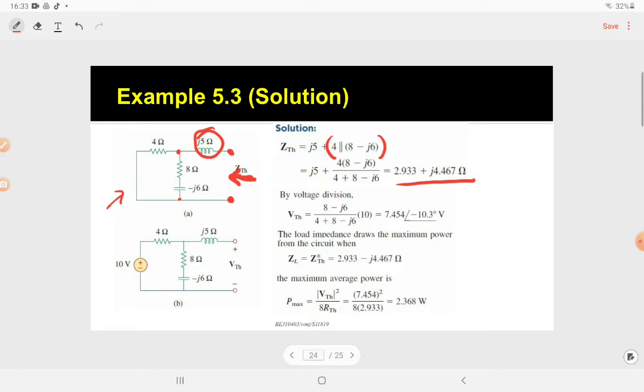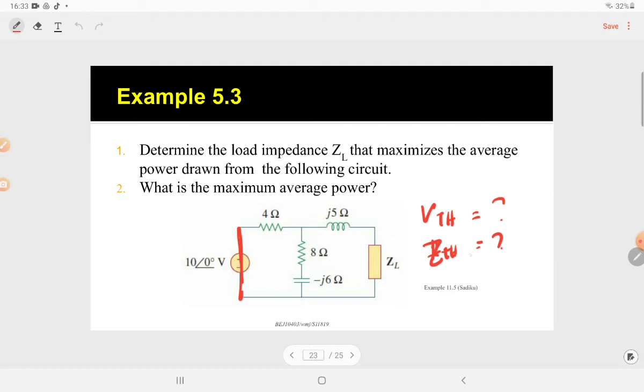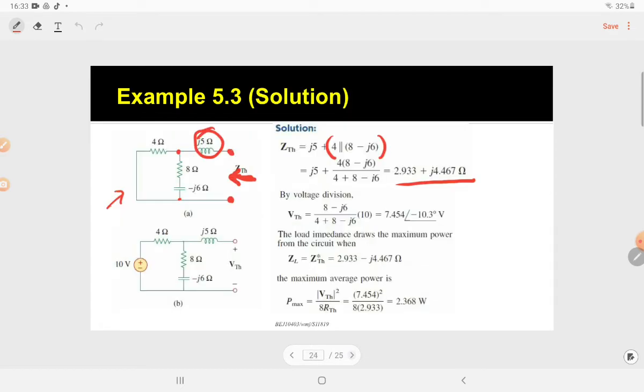Next, we know the value of ZTH, so the next step is to find the value of VTH. What is VTH? VTH is the open circuit voltage at the terminal, right? We know that when there is an open circuit here, the current over here is always zero.